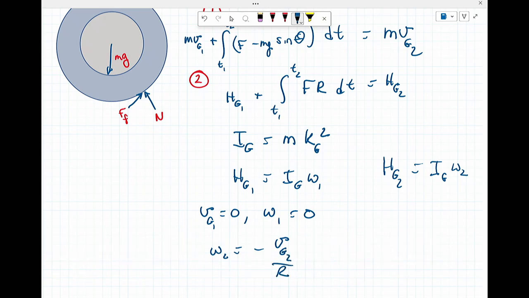Now, again, to remain consistent with my notation, I need to write this as a negative value. So omega 2 is negative V_G2 divided by R. Essentially, I'm still doing a vector solution here, but I've spread it out and basically solved it.